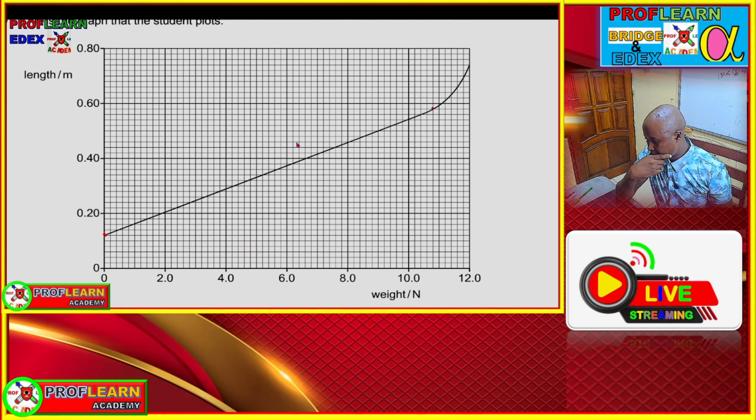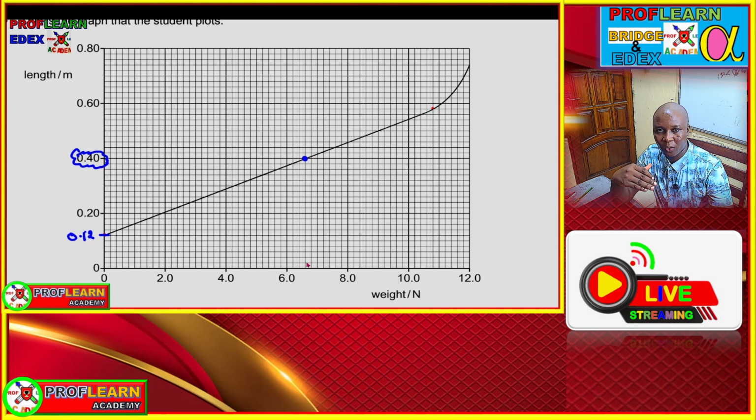And then now, how do we find the spring constant? Remember, force is equal to spring constant times extension, which we've highlighted there. Then for us to be able to work this out, we are going to identify a point on the graph, and then we can read the force and the length. So this is the length when a force was added. This is the original length when there was no force.